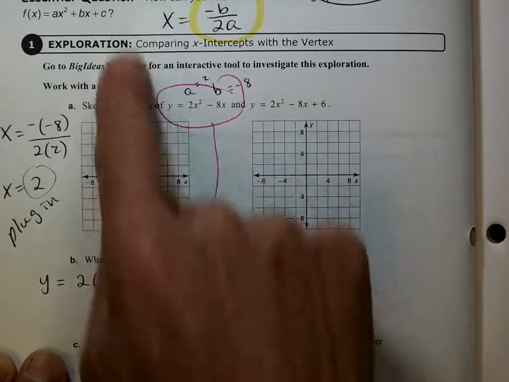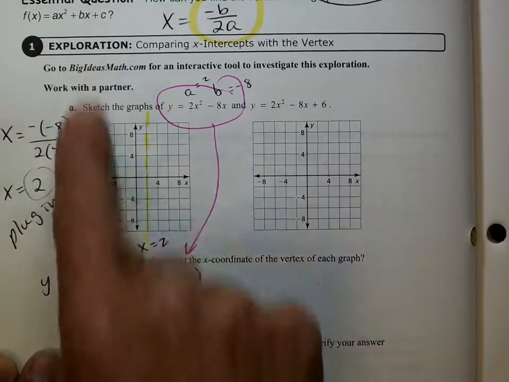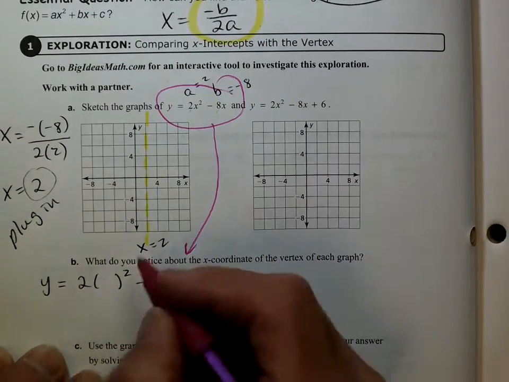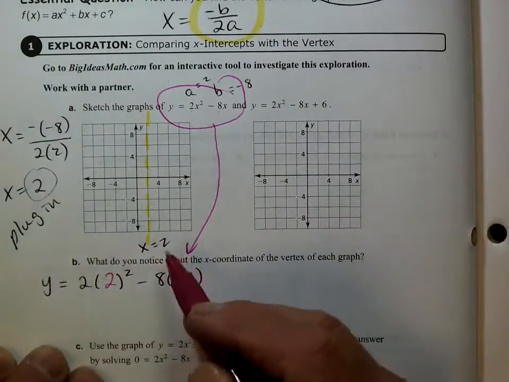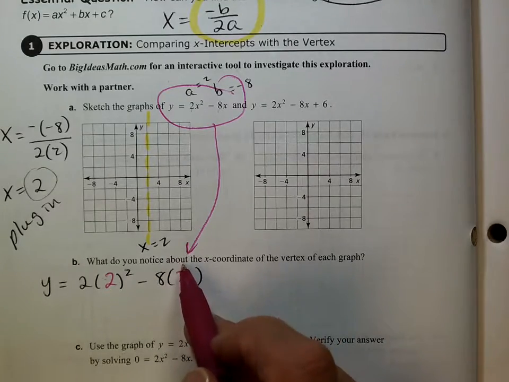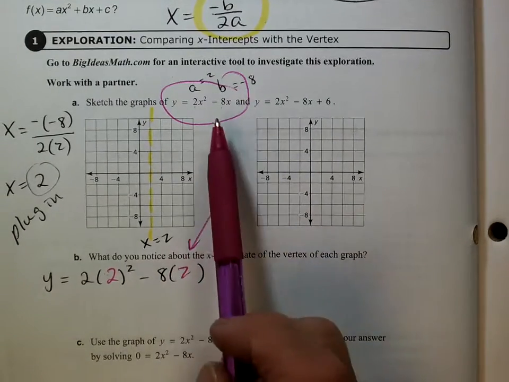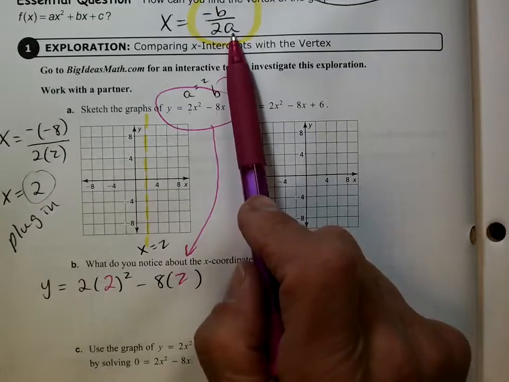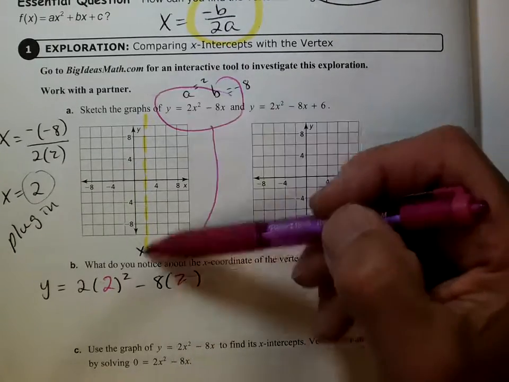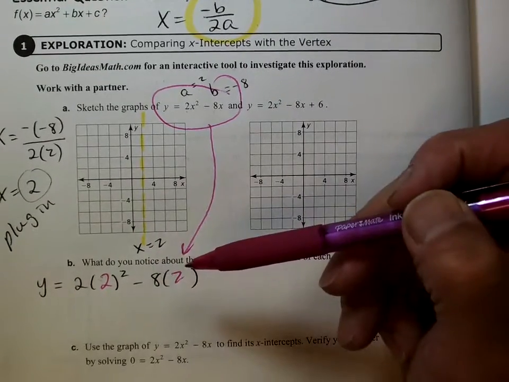I know where the x lies, but I don't know exactly where the vertex is, so I plug it in. So we're doing two things. We're going to use our little formula, negative b over 2a, to get the x value. Then we're going to plug it in.